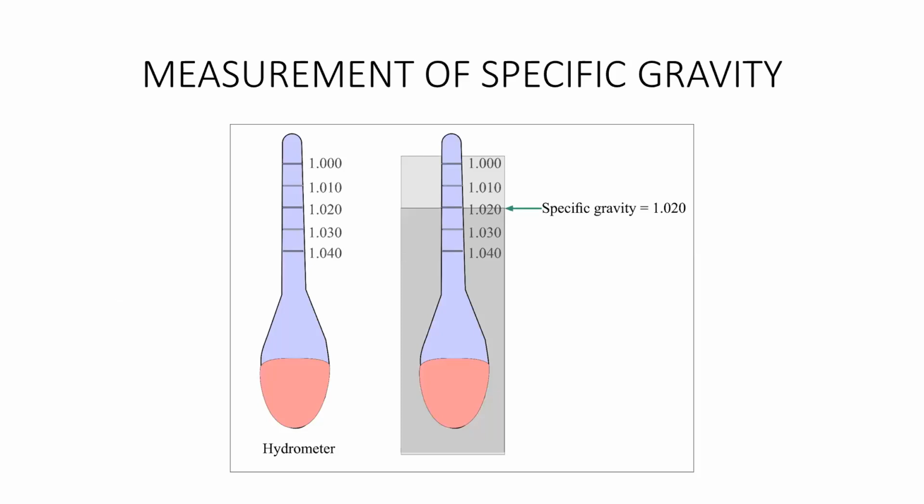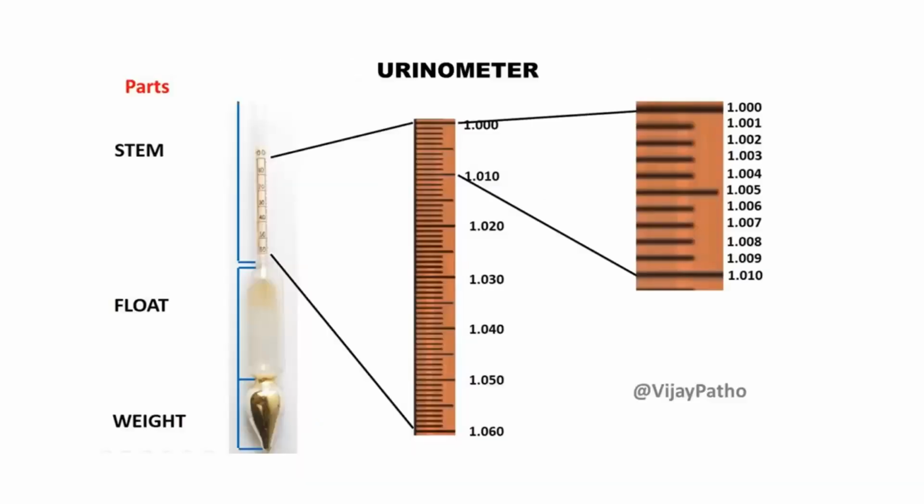This is how you measure specific gravity with the specific gravity meter, also called a hydrometer or urinometer, but a dipstick gives you a fair estimation of the specific gravity.